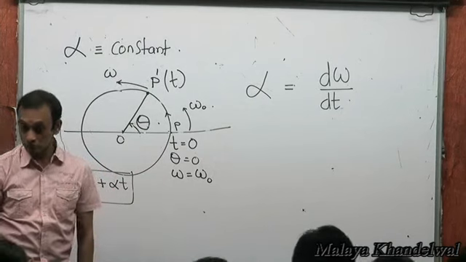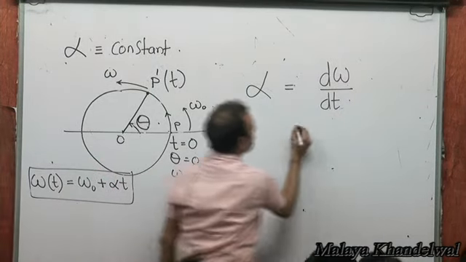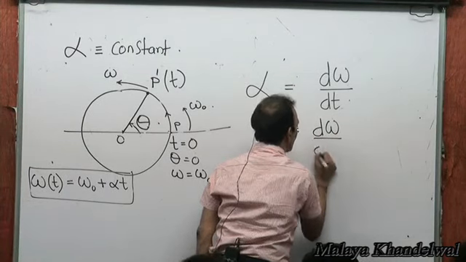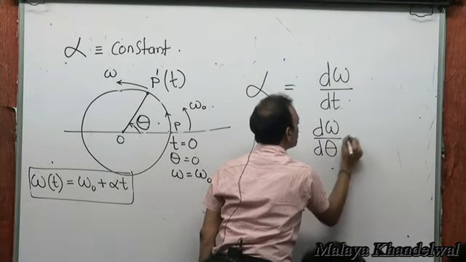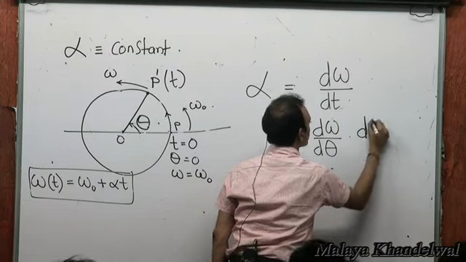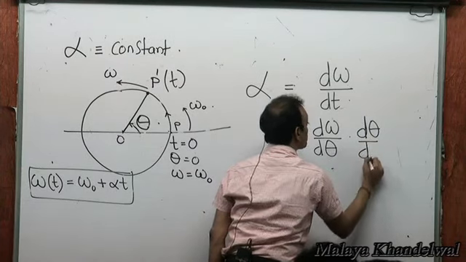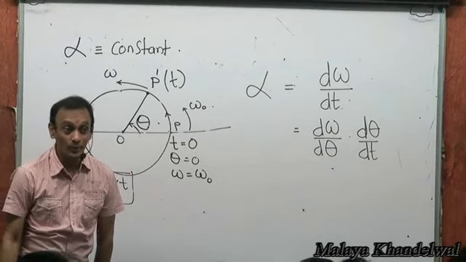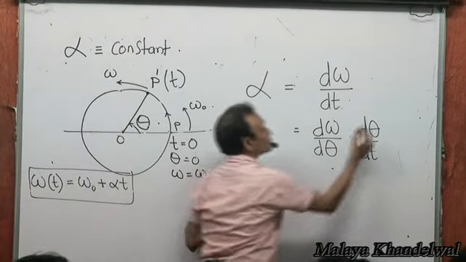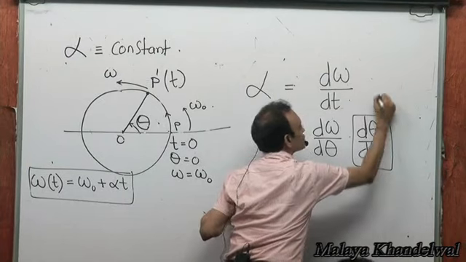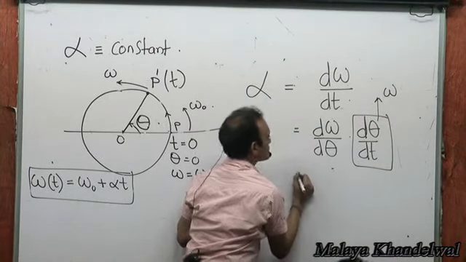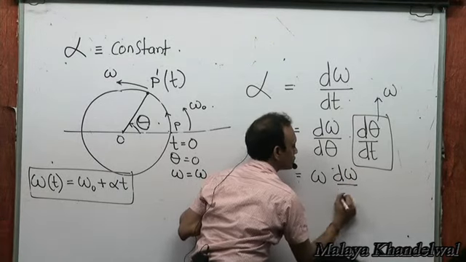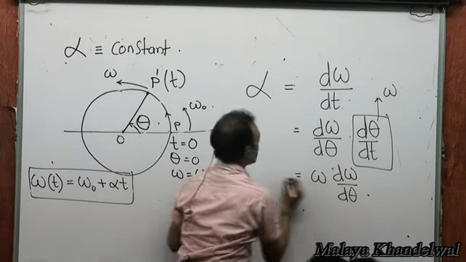I could rewrite this as d omega d theta into d theta dt. Can I do this? But what is d theta dt? Omega. d theta dt is omega, yes or no? So this gives me omega d omega d theta. That's alpha.